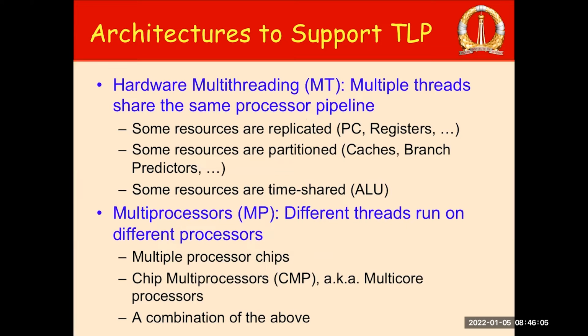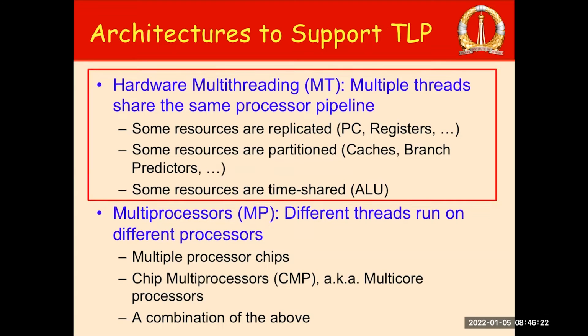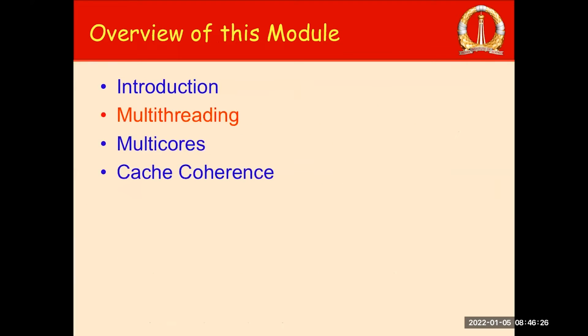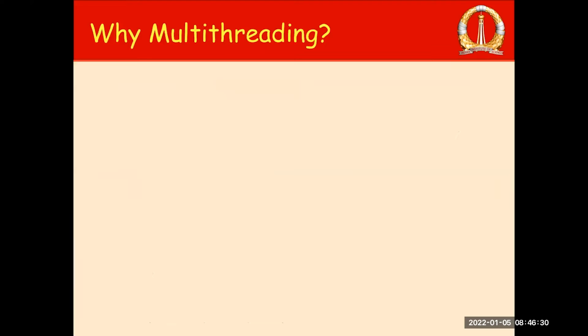That's what you see as 4 physical cores, and they also support multi-threading, and that's why they say 4 physical cores and 8 logical cores, where the logical cores essentially come from supporting multiple threads at the same time. Okay, so let's focus on the first part first. That gets us to our discussions on multi-threading.